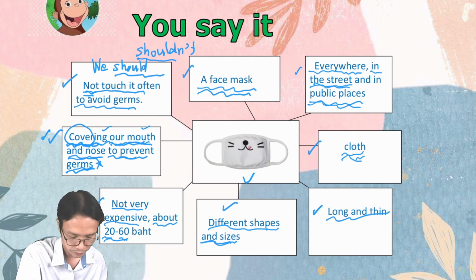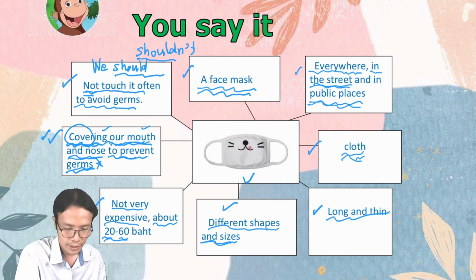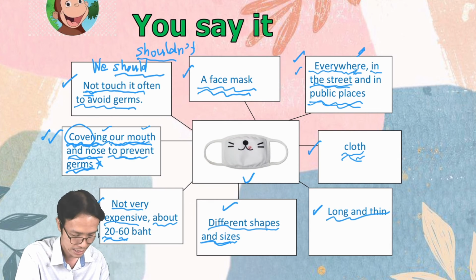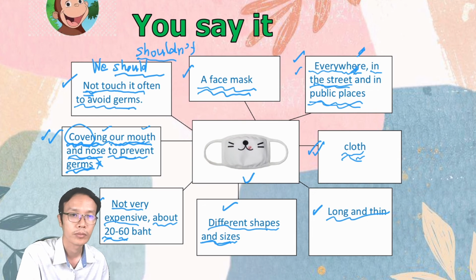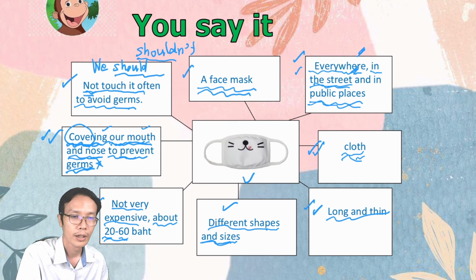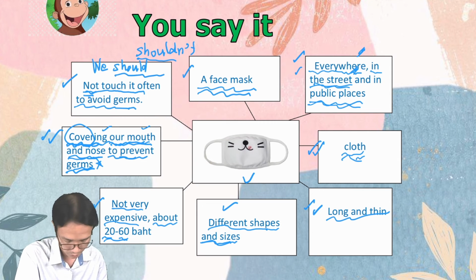Now it's time to say all pieces of information here. Okay, start. You say it. Okay, yes, very good. It's a face mask. Next. Perfect. We can see it everywhere in the streets and in public places. Very good. Next. Good. It's made of cloth. Perfect. Yes, it's long and thin. Good. Next.